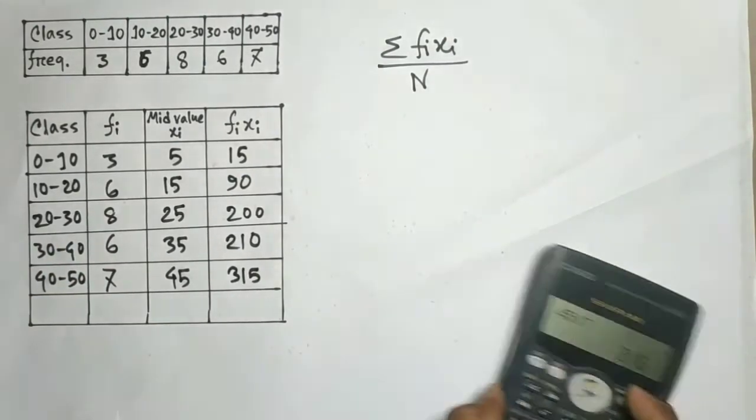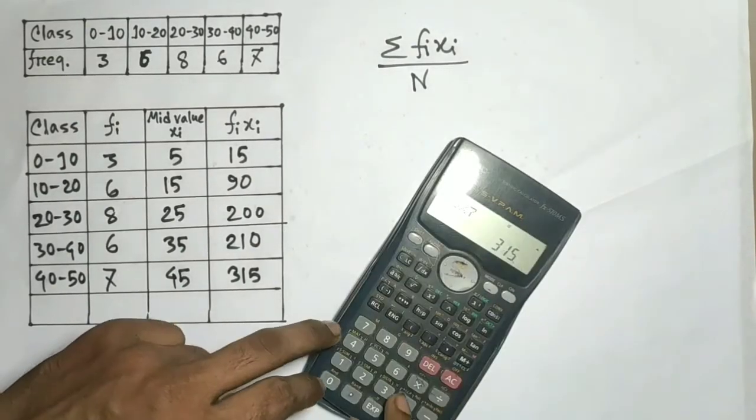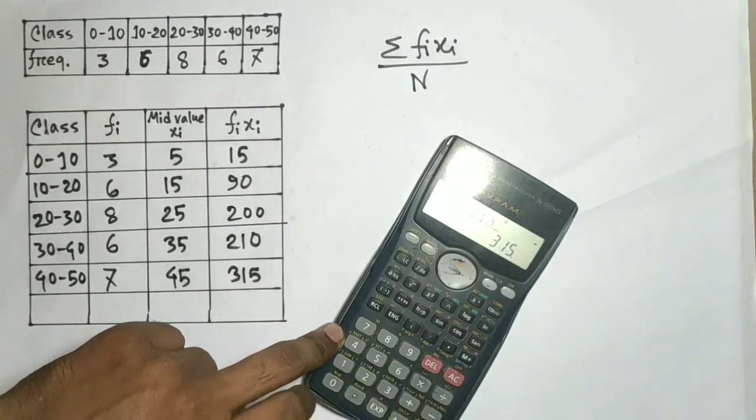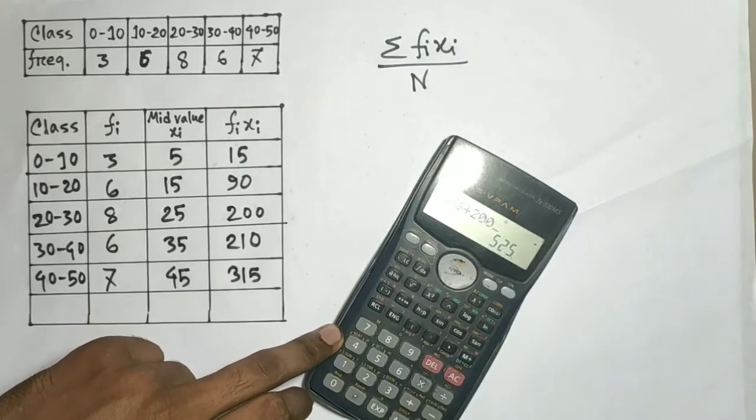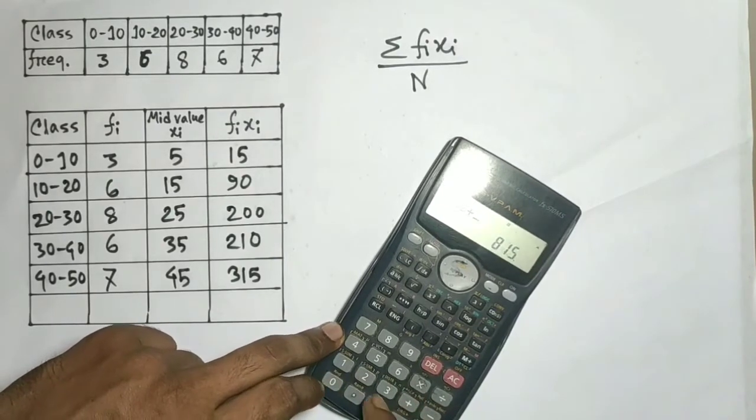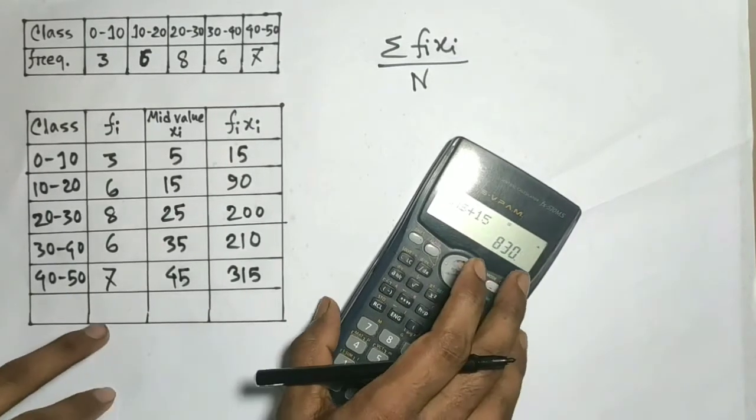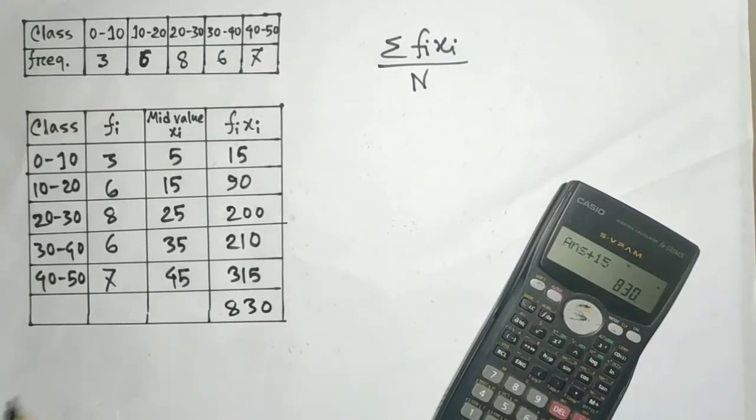So the summation of fi xi should be 315 plus 210 plus 200 plus 90 plus 15, that is 830.